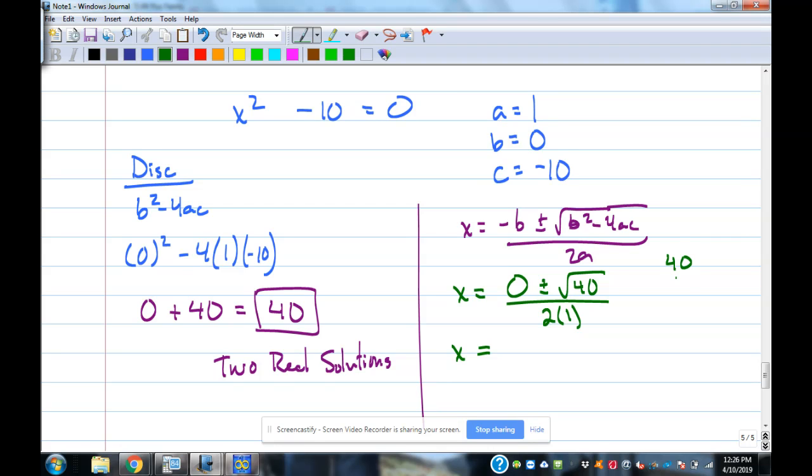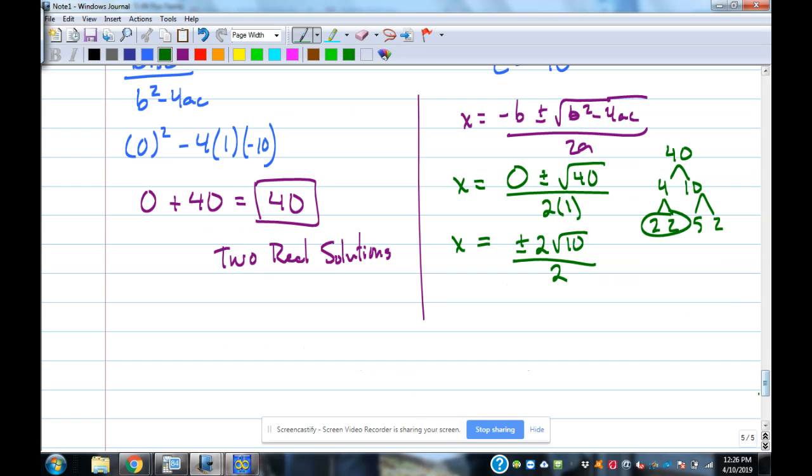But we could simplify 40 as 4 times 10. Maybe that's what you're thinking. And then 2 and 2, and then 10 is 5 and 2. There's a pair of 2's, right? So that means what comes outside of the radical? 2, and then 10 stays inside. 2 times 1 is 2. Now here's what can happen with this particular problem.